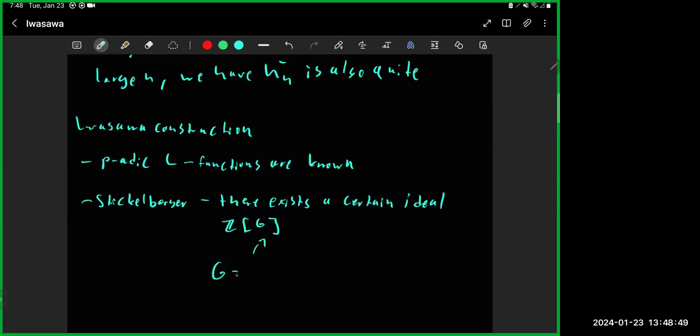Here, G is defined as the Galois group of some abelian finite extension of the rationals. So this is abelian and finite, of the rationals, and that has the following property. It annihilates the class group.